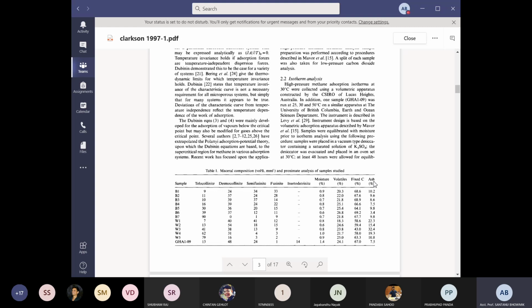So volume percentage. And if you see the ash percentage, you can see that in most of the cases the coal samples are of very good quality. Only 2 or 3 coal samples have more than 15% ash. So you can understand the quality. Generally for all the coal samples, the fixed carbon stays more or less in the same category.